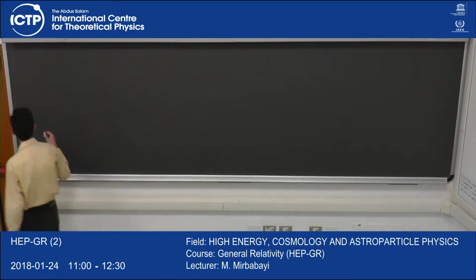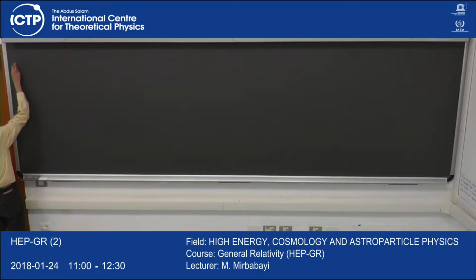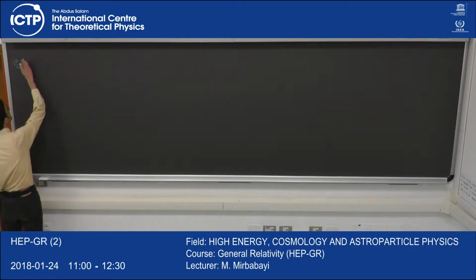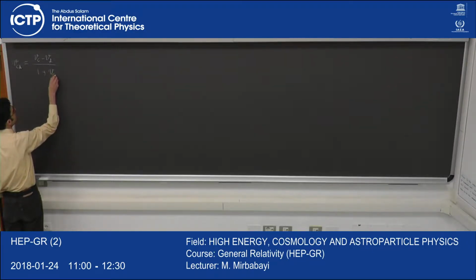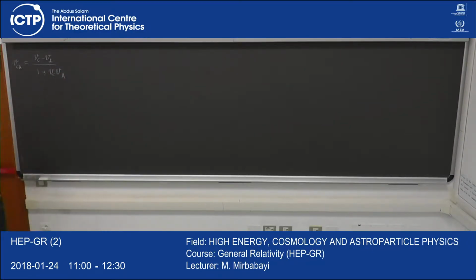Just look at the limit. So we want VCA, and we say it's VC minus VA divided by 1 plus or minus VC VA, right? Yes. So you want to see whether it's plus or minus. Right.